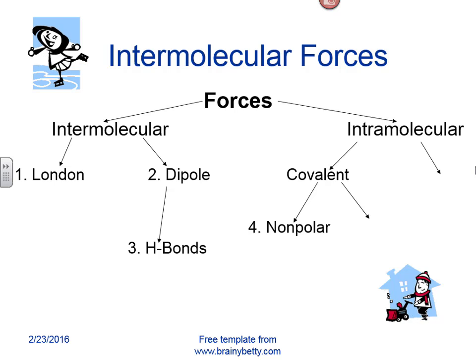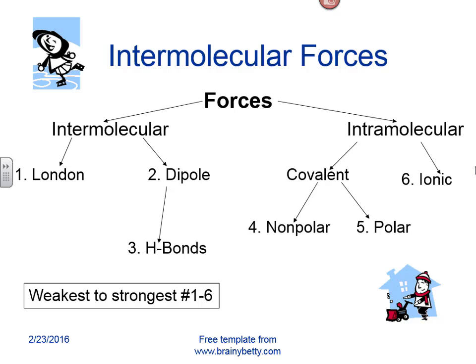So nonpolar covalent and polar covalent. And what major type of bonding are we missing yet? Ionic, the ones we started with. And you might have noticed that I've got these numbered 1 through 6. Those go in order of strength. So number 1 is the weakest, and number 6 is the strongest kind of force.